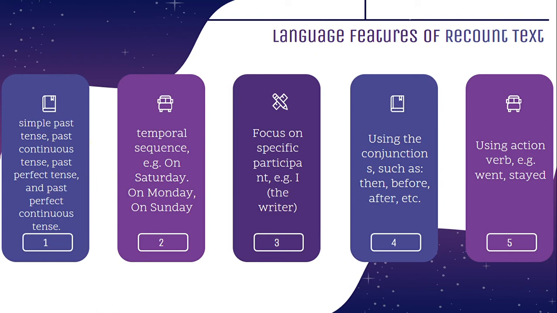Focus on specific participants, e.g., I as the writer. Then using conjunctions such as then, before, after, etc. And the last but not least is using action verbs, e.g., went, stayed.